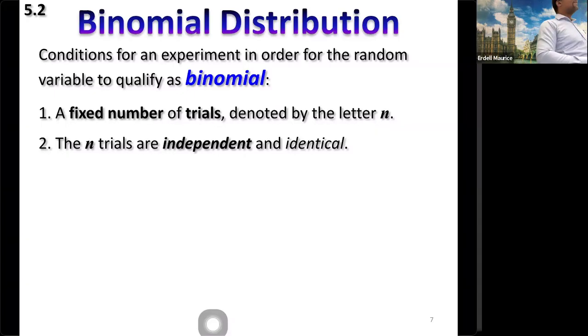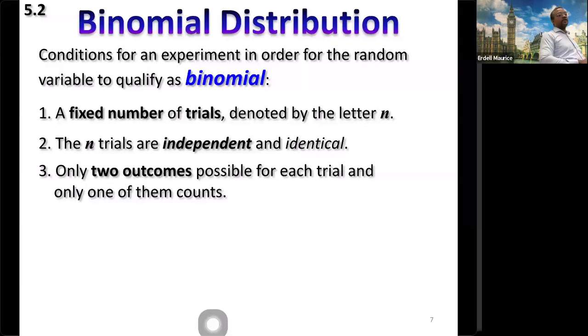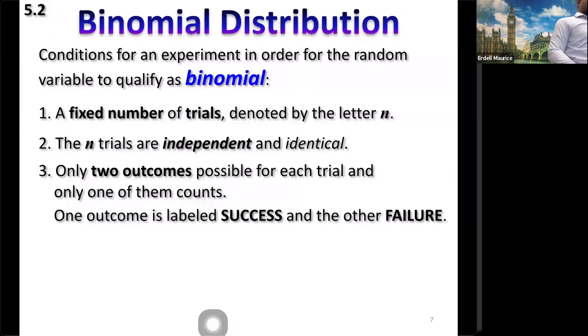Independent and identical. The third thing about your binomial distribution is that there are only 2 possible outcomes. When he shoots the free throw, either it goes in the basket or he misses. One of them is labeled as a success, the other one is labeled as a failure.